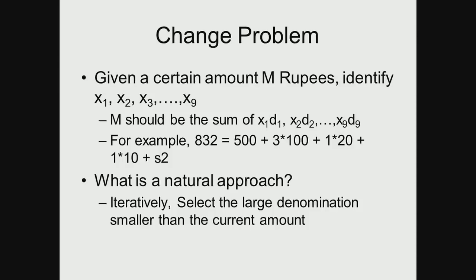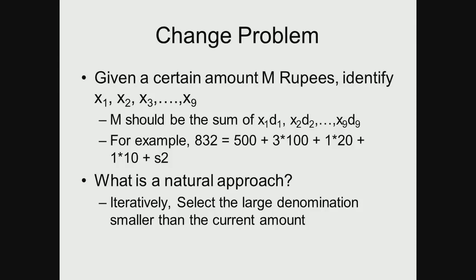So, we pick up 500 rupees and the balance that is to be expressed is 332. Now, for 332, the largest denomination smaller than 332 is a 100 rupee note. We pick 100 once, then the balance is 232. The largest denomination smaller than this amount is another 100, and so on.